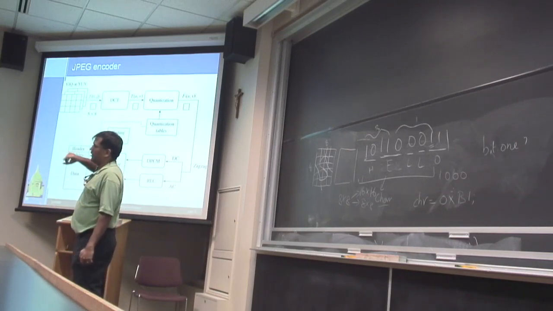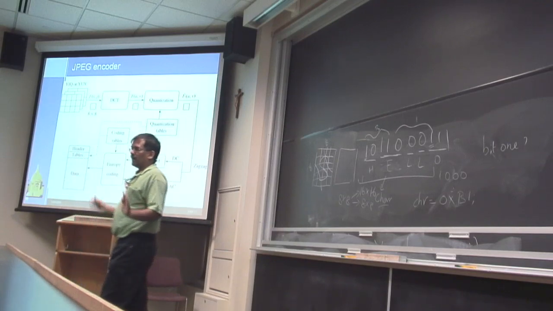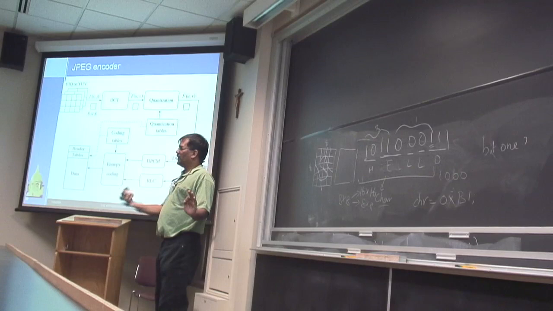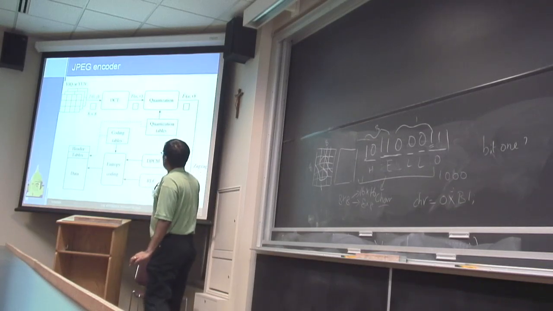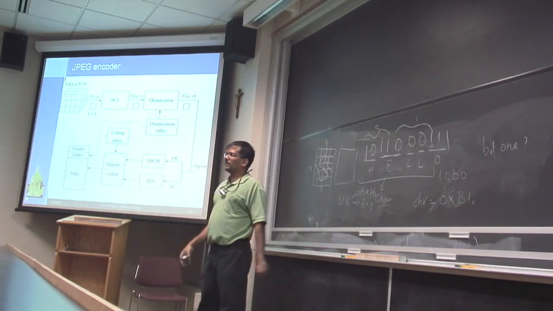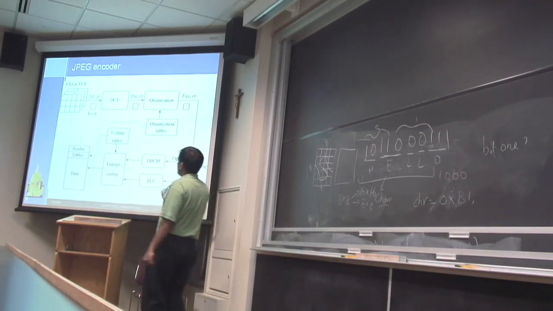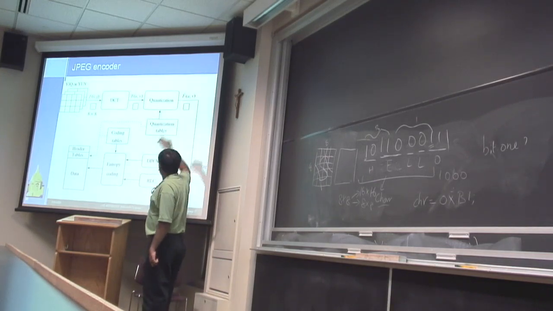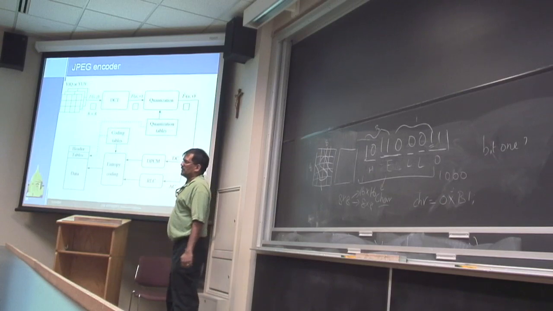You send it to DCT, which again is not a lossy compression. DCT's goal is to let you use observation 2, that we can't see the high frequency components. Then we do quantization, which essentially drops components using a quantization table, which we'll see shortly. Then we get the output, and we do a zigzag format.